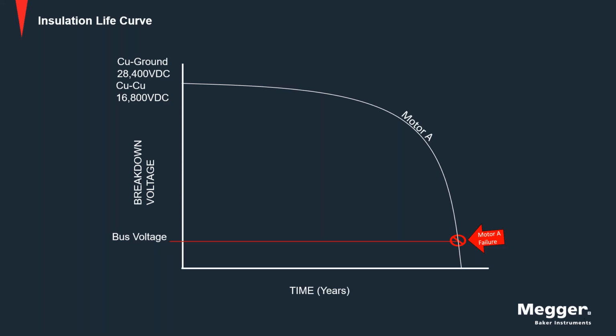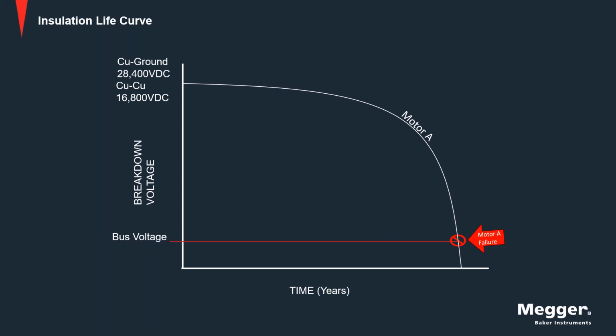What's stamped on the nameplate of that motor is its voltage rating as to where it's designed to run at. It is not necessarily a rating of how high the dielectric strength of that motor is. It's much higher. We have to build in some time into that motor, and so we start out at a very high dielectric strength.